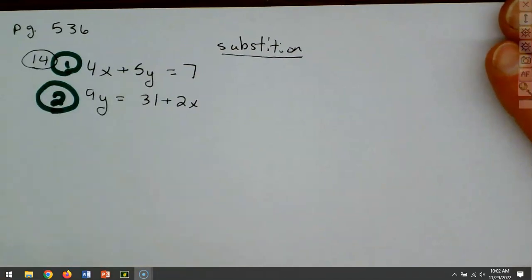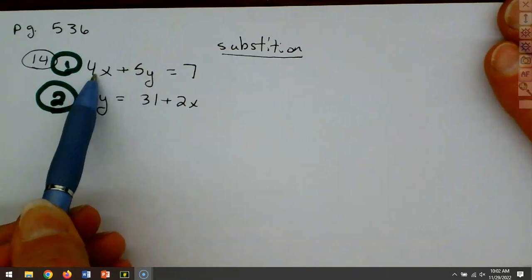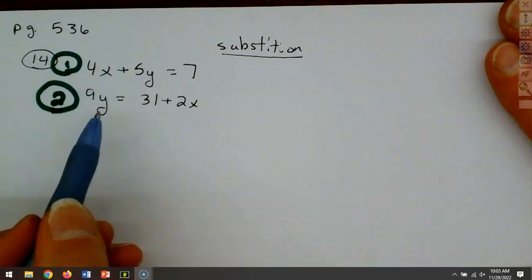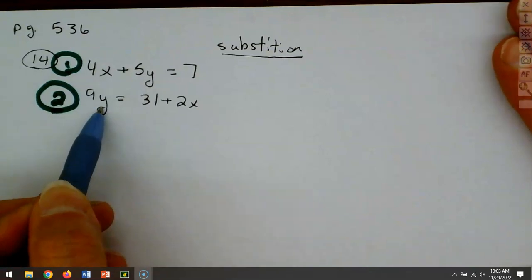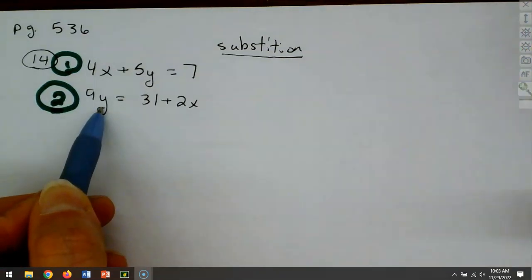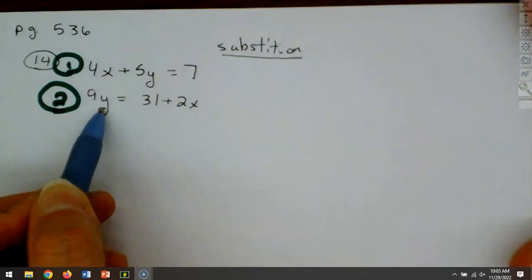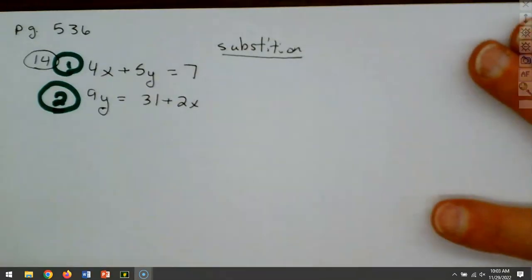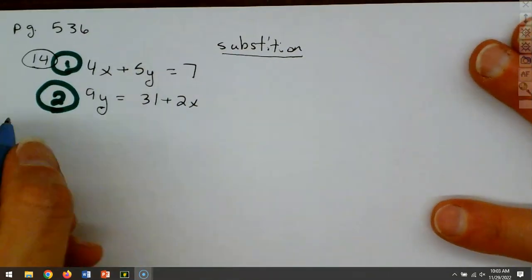So we can do that. We can solve the first equation for x or y, and that's going to give us fractions. The second equation is also going to give us fractions. So fractions are inevitable in this case. It looks like the second equation is almost solved for y, so let's finish it out and solve the second equation for y.